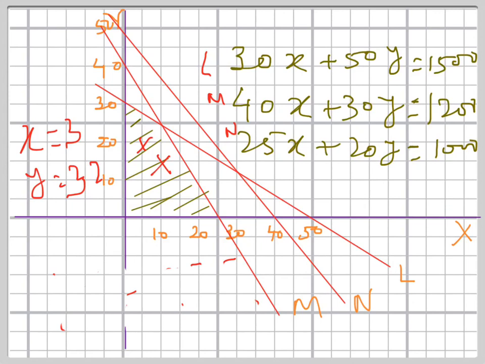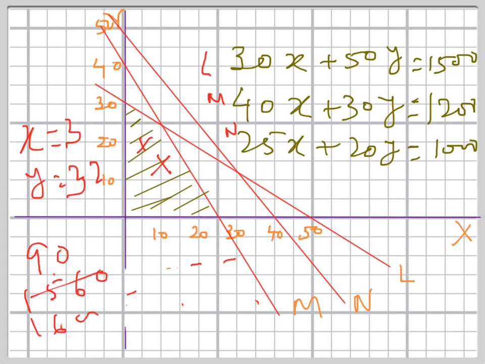So x equal to 3 means for L you have 30x, which is 90, plus 50 into 32. Let us do the calculation again. 3 into 30 becomes 90, and 50 into 32, that is 1600.